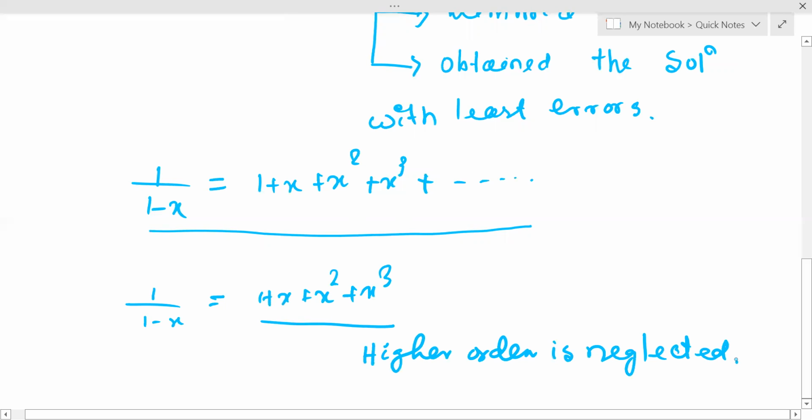Whenever we neglect the higher order terms, the remaining part arises as the error.